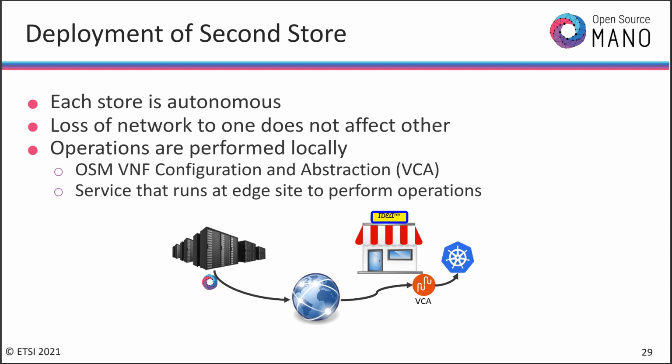There is the OSM VNF configuration and abstraction service called VCA that can be installed at edge sites to perform operations kind of at arm's length or locally. So, loss of the data center does not result in loss of the VCA. Actions that are performed by the VCA happen locally. They don't need to go across any sort of VPN or the internet in order to be able to perform that action.